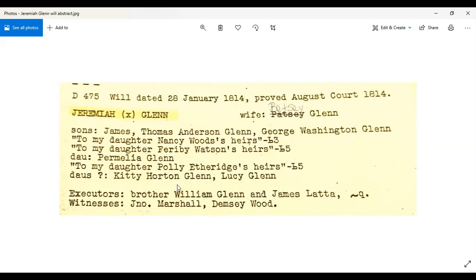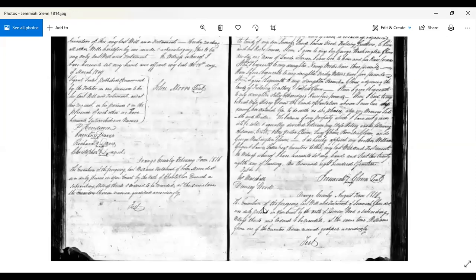It has Kitty Horton Glenn and Lucy Glenn. There was some confusion whether this was a middle name or another person. And then it lists the executors. It does say brother, William Glenn and James Leda, which this is one of those we have still been trying to figure out if he was a Glenn or possibly a half-brother. So this is an abstract where it just pulls that basic information.